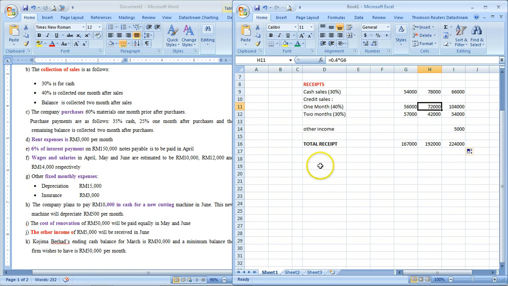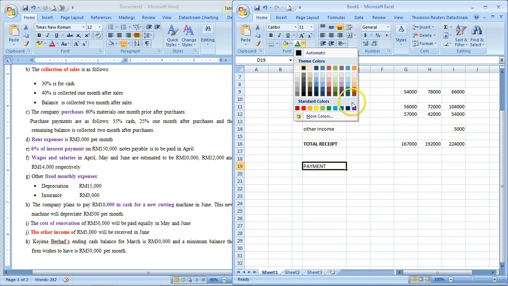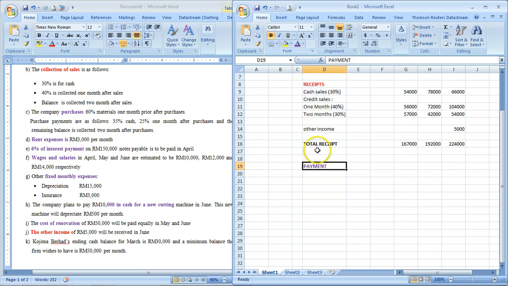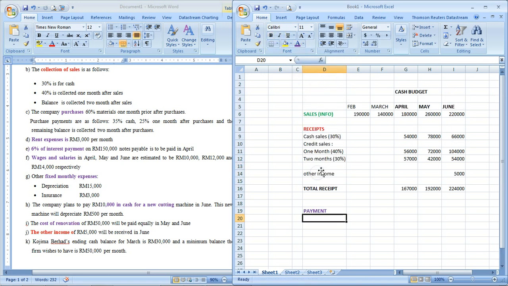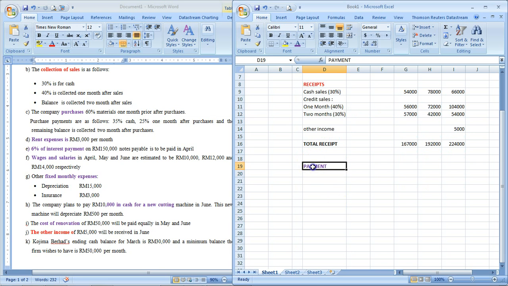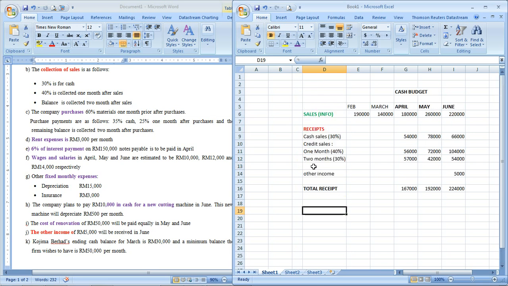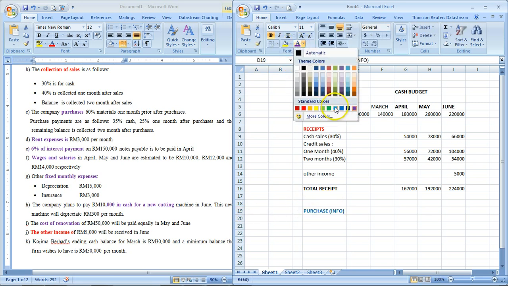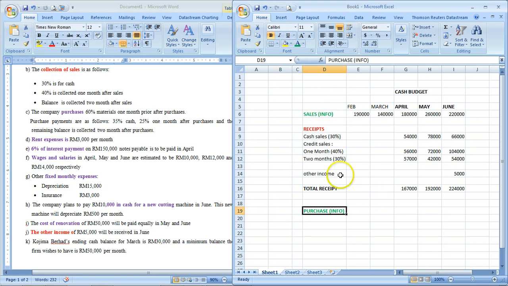Alright, now we go to payment. What color was payment just now? Purple color. Okay, payment. Sorry, before I go to the payment, I want to find the info first for purchase. I repeat, purchase info is not in the calculation, just for information only.